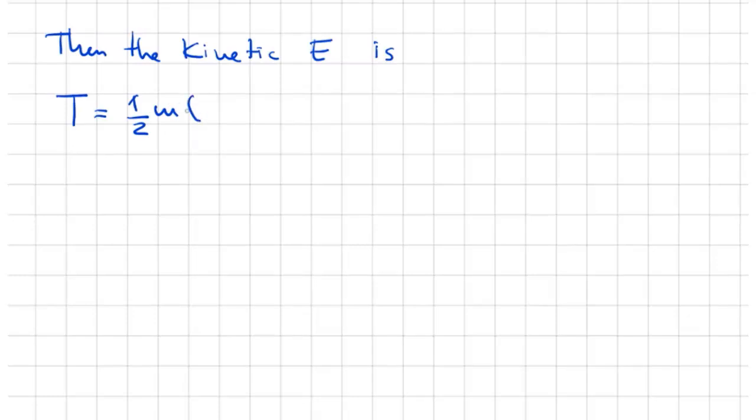But we have here that the velocity is the composition of the Cartesian components of the velocities. So we have x dot squared plus y dot squared. Okay? That's the velocity of our pendulum.